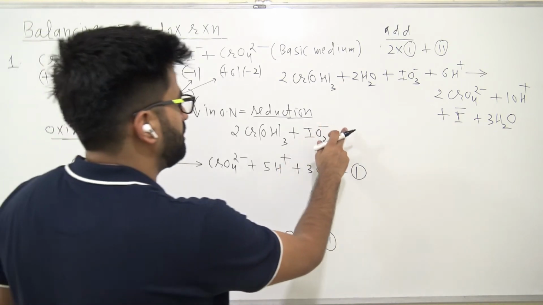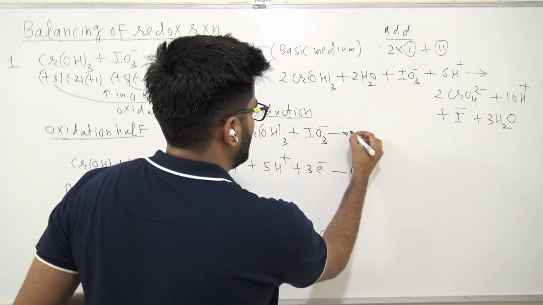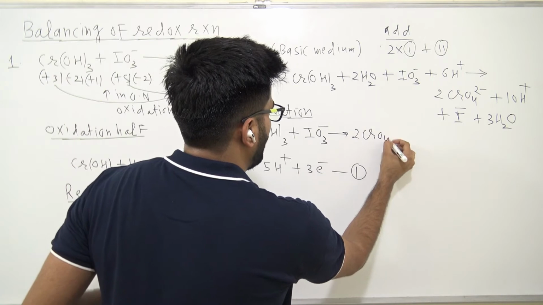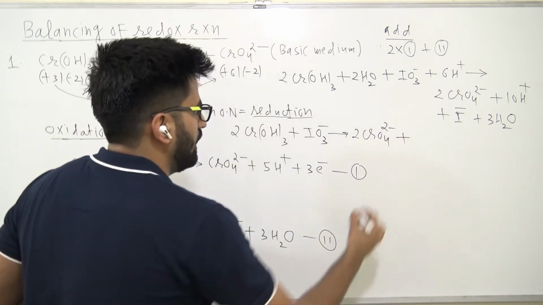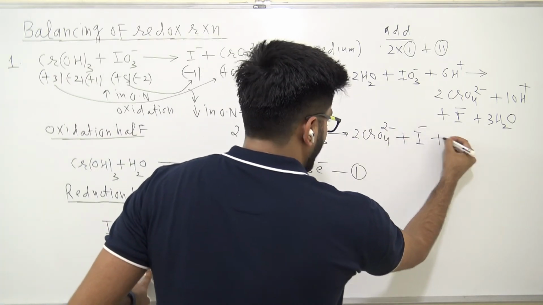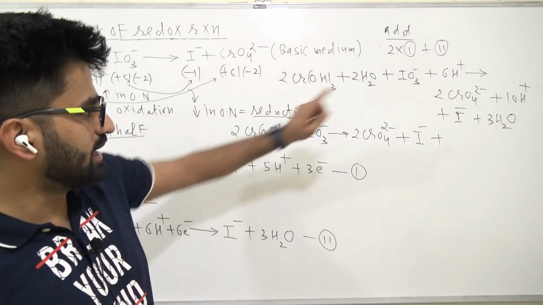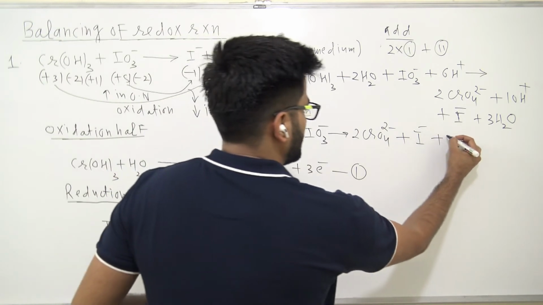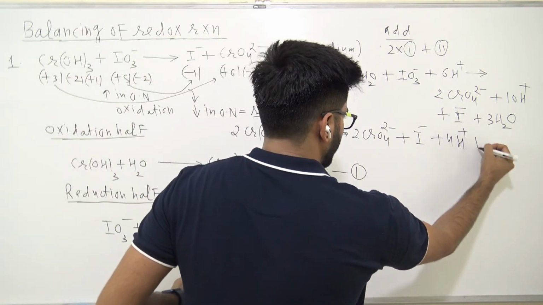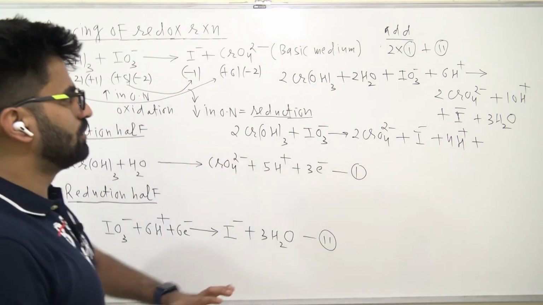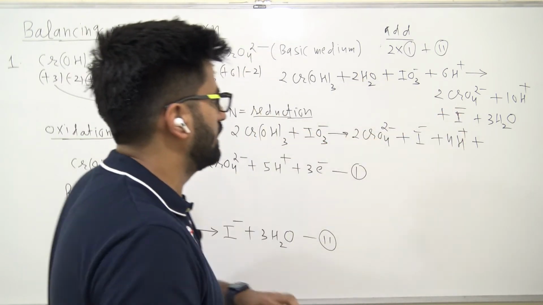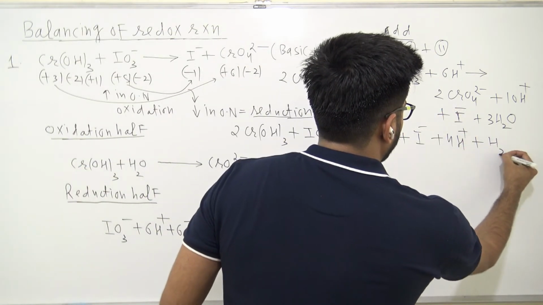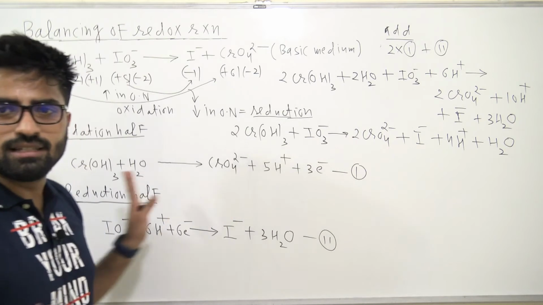Then gives us 2 CrO4 2 minus plus I minus. Now what else is there? 6H plus here, 10H plus here. So 10 minus 6, I will get 4H plus. Plus how many water, guys? 2 water here, 3 water here. So can I say 1 water molecule? Yes or no? This is my final reaction.